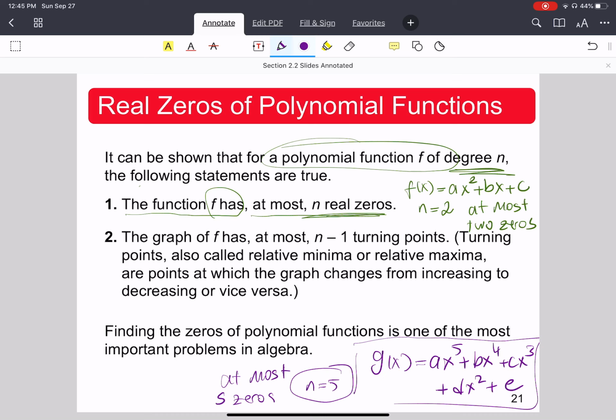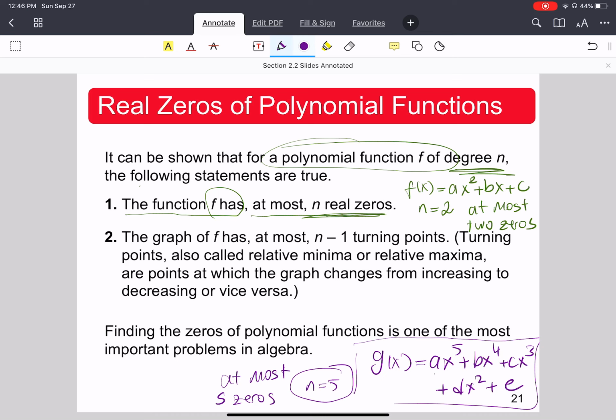It will cross the axis at most 5 times. It may not do 5 times all the time because it depends on what these a, b, c, d, e numbers are, but it may have at most 5, and it might have 3, it might have 4. We don't exactly know. So keep in mind that a polynomial function in general has at most n zeros.